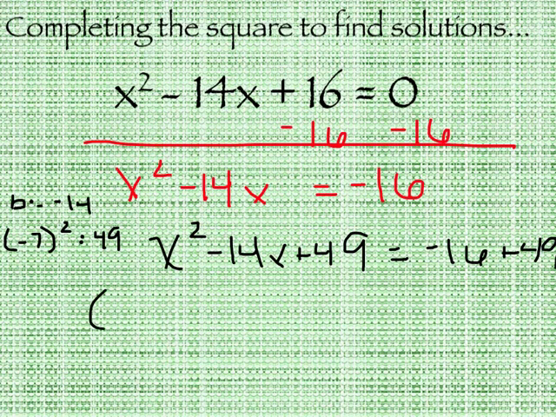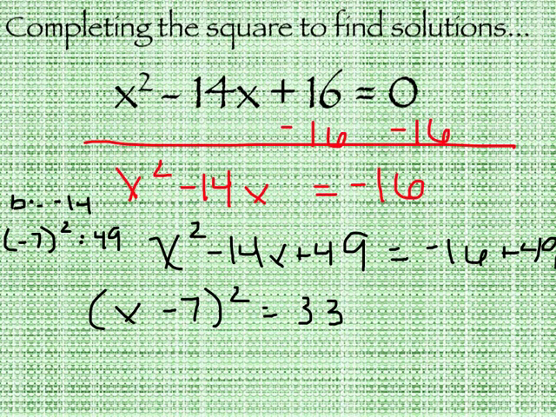If we factor our left side, we will have x minus 7 squared, and that is equal to negative 16 plus 49, that would be 33. We can now go ahead and solve this out.